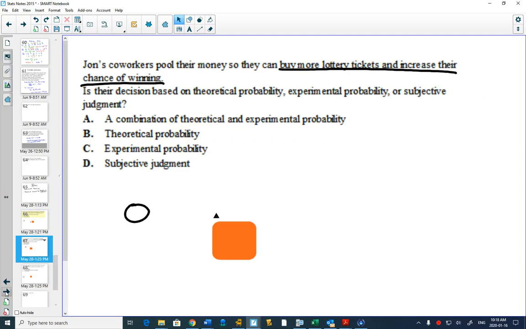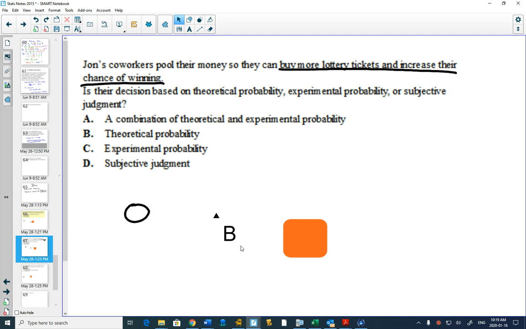John's co-workers pool their money so they can buy lottery tickets and increase their chance of winning. Is their decision based on theoretical probability, experimental probability, or a subjective judgment? What's subjective? Subjective judgment is just what you're thinking on your own. In this situation, this is theoretical probability.